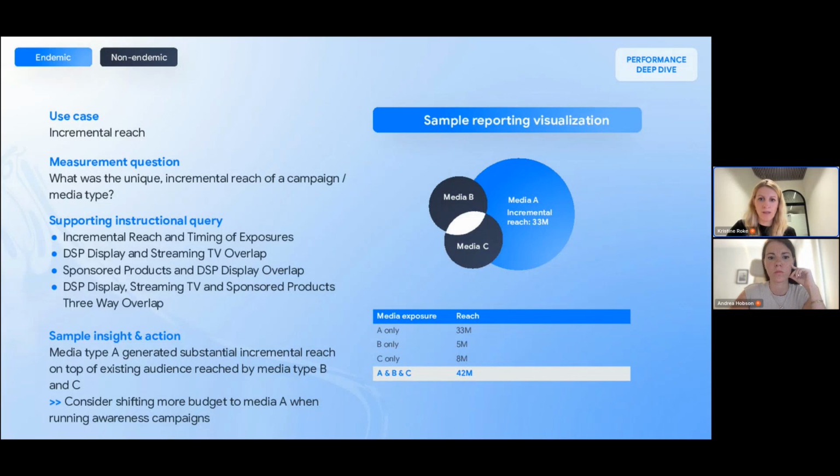So, for example, if media A consistently delivers a unique reach on top of the others, it's a strong candidate for more investment in the awareness campaigns. And on the other hand, if 2 formats strongly overlap, we might reduce redundancy and reallocate spend to improve efficiency. Incremental reach is a way to fine-tune your media mix to ensure every spend actually drives new engagements.